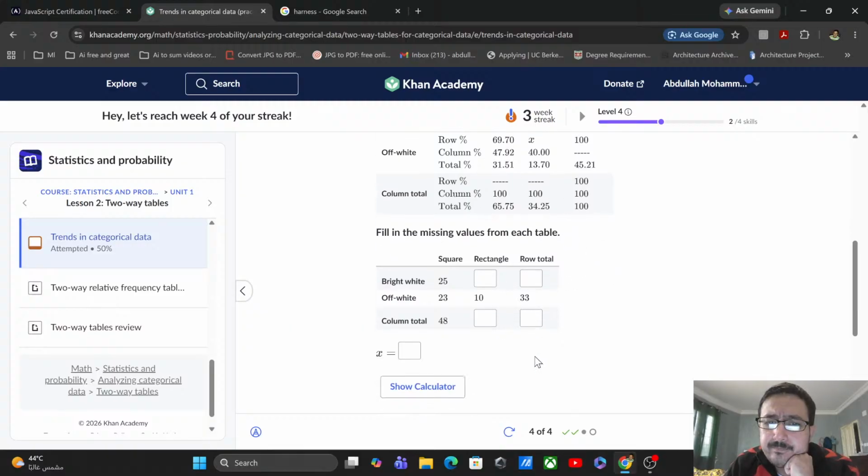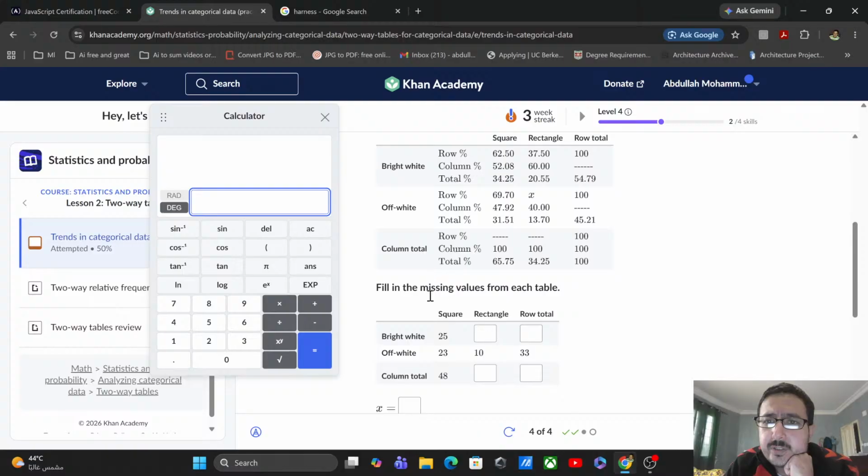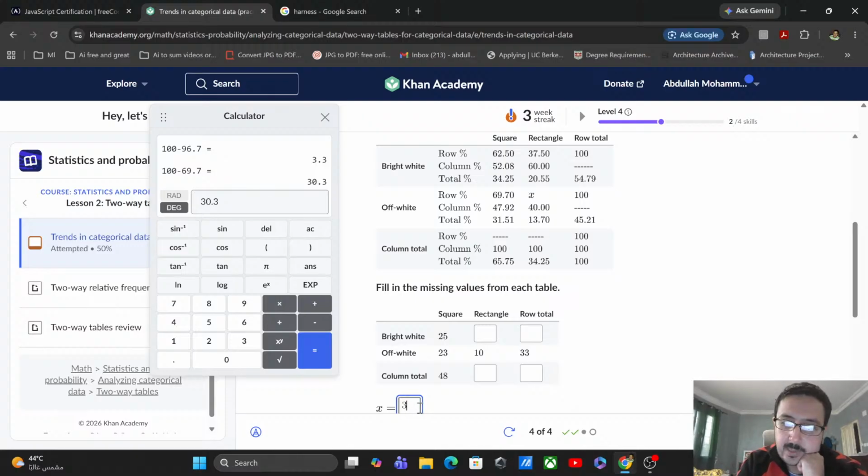So, first of all, it's 100 minus 69.7, which is 30.3. Concentration is bright white, off-white 38, row total, column total 48.